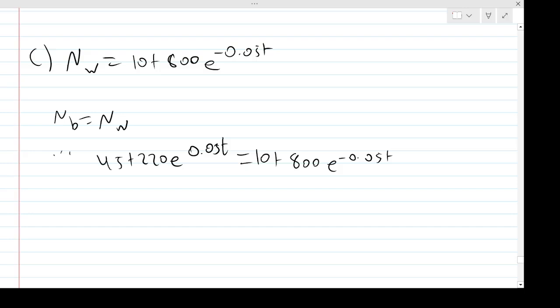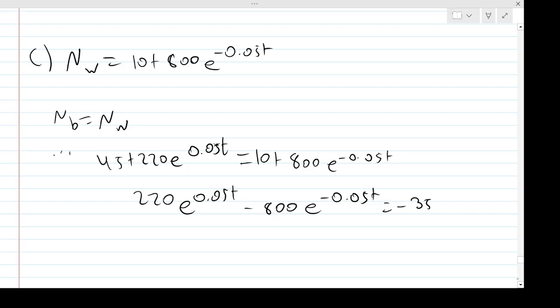But we can't take logs at this point. If you try it, you'll be in for a very rough time. You won't really get anywhere. What we need to do, firstly, we're going to rearrange a bit. Like we've been solving equations normally, I'm going to move all the t's to one side. So 220e to the 0.05t, subtract 800 e to the minus 0.05t, then I'm going to get 10 take away 45, that's going to be minus 35.